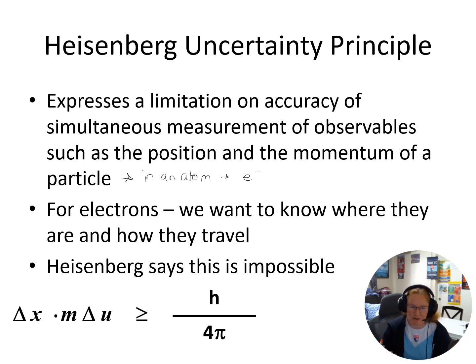So we get this crazy little equation here: delta x times m delta u is greater than or equal to h over 4 pi. Okay, we're not going to solve that in this class. We're just going to understand that this lets us know that this is impossible.